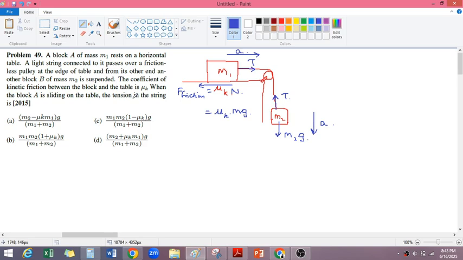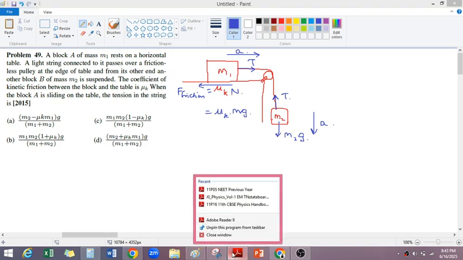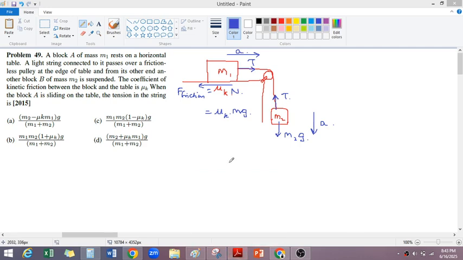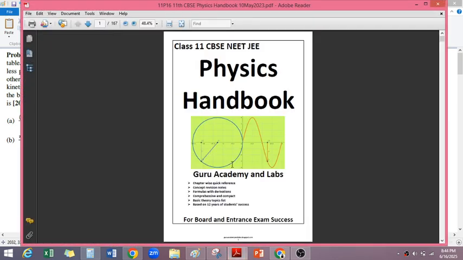So they're asking to find the tension in the string. I'm sure we have done all these things in the handbook. You should be thorough with the handbook theories. If you want, I can show you where it is.